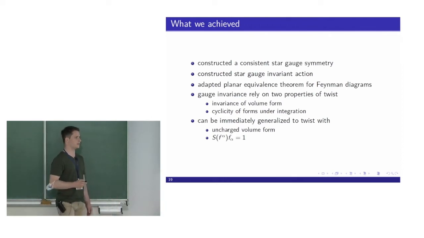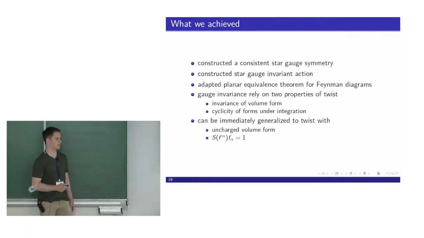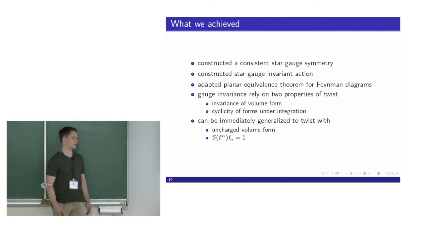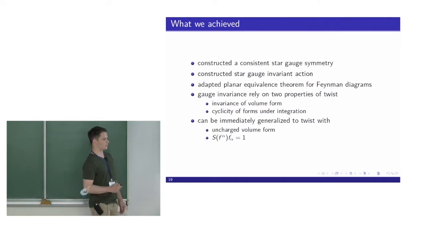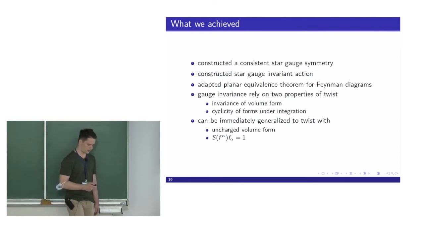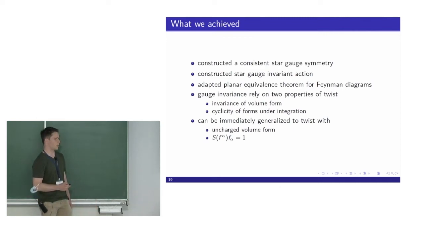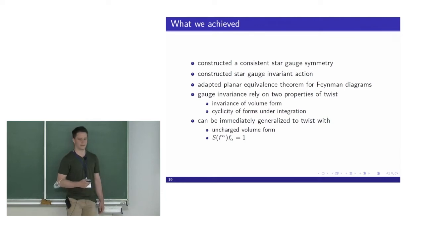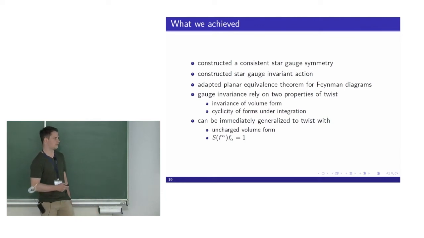But this can be generalized immediately to twists that fulfill these two conditions, where S is here the antipode, and these are the elements appearing in the Sweedler notation of the twist, and of course the unchargedness of the volume form. So a bigger class of examples fulfilling these properties are, for example, all deformations that lie in the Poincaré algebra and fulfill this equation.